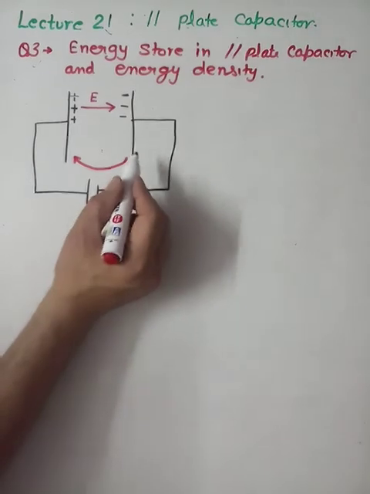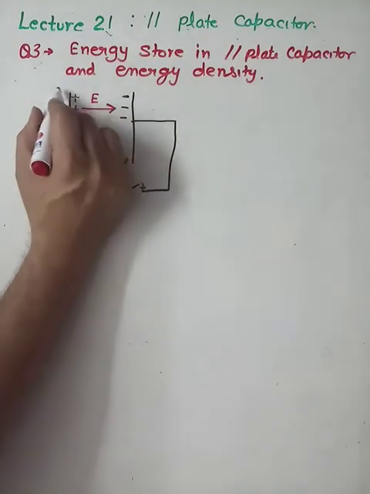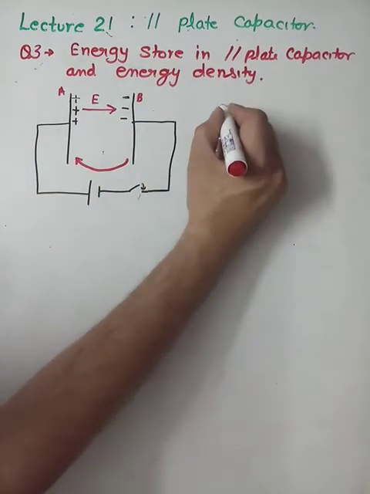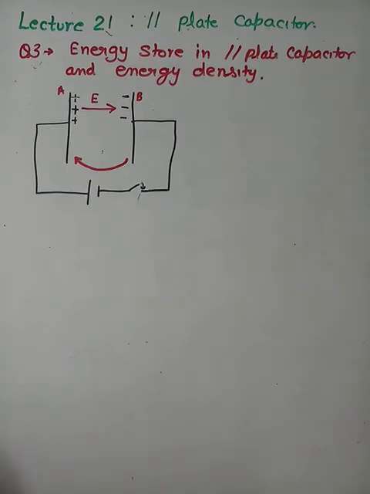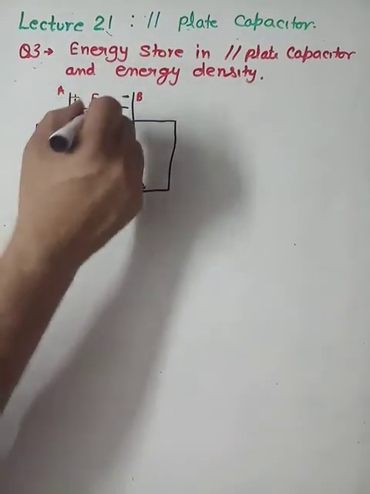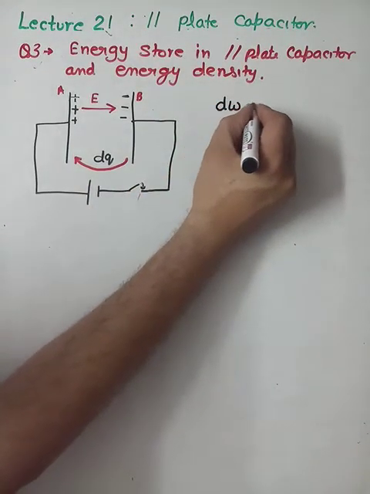The battery transfers a positive charge from the negative plate to the positive plate. Now the small work done to move a small charge, say dq, against the field of a capacitor by the battery is given by dW.